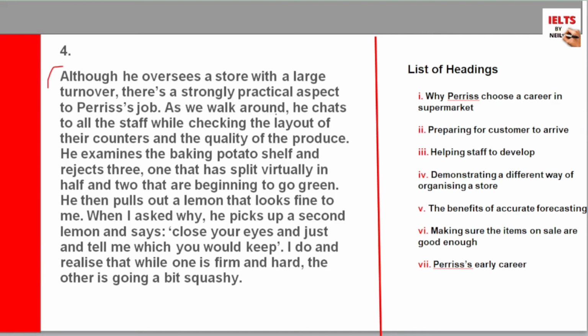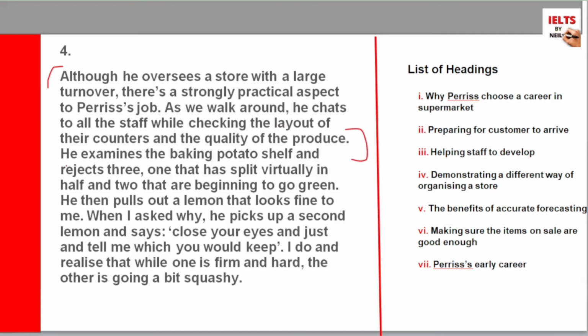As we walk around, he chats to all the staff while checking the layout of their counters and the quality of the produce. Okay, so far the paragraph is telling us that Paris was very particular about his job. He was checking all the stuff, layout of the counters and the quality of the produce.